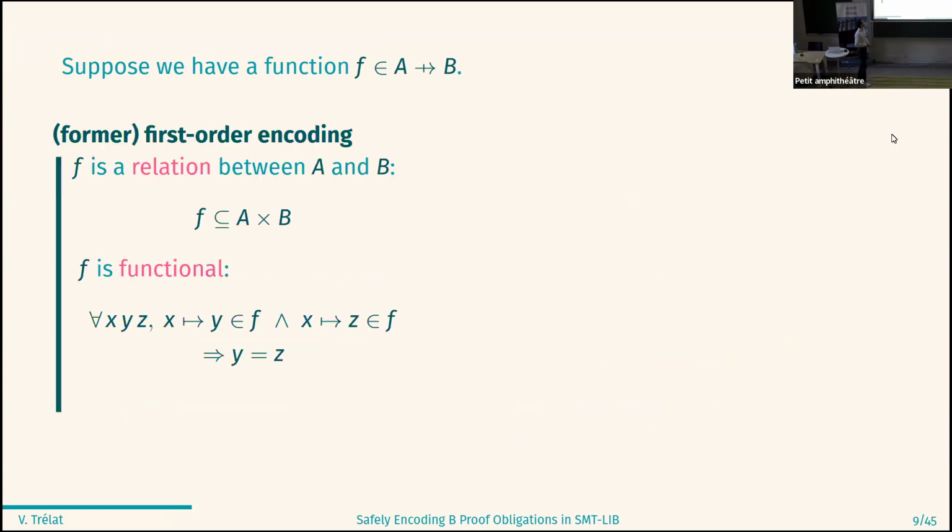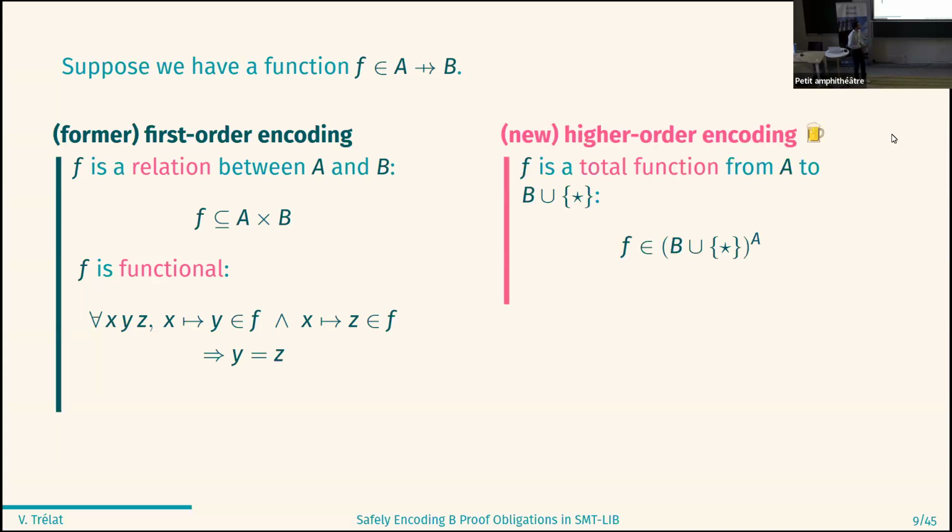In PP-Trans SMT, the function is seen as a functional relation, so it's a subset of A times B that has the property of being functional. So if f of x is equal to y and f of x is equal to z, then y has to be equal to z. Now, a common way to encode partial functions in programming languages is to see them as total functions to which we add an element in the codomain.